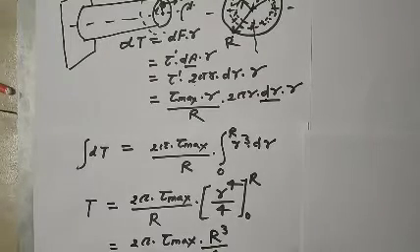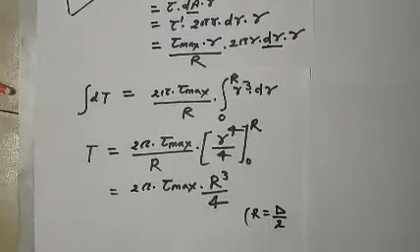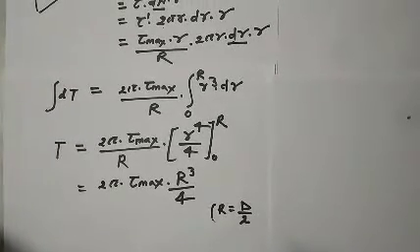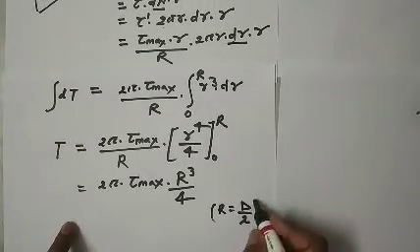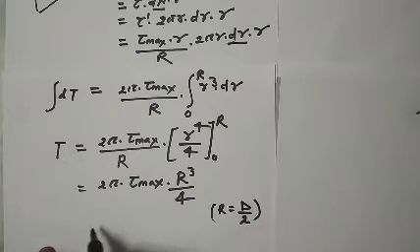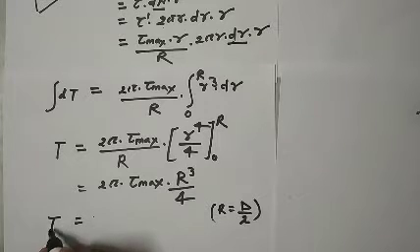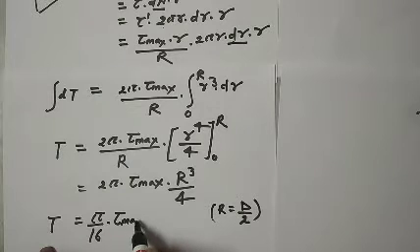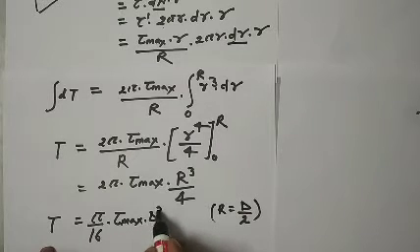Now if you put the value of R in terms of the diameter of the shaft, R equal to D by 2, then it will be reduced to pi by 16 tau max into D cube.